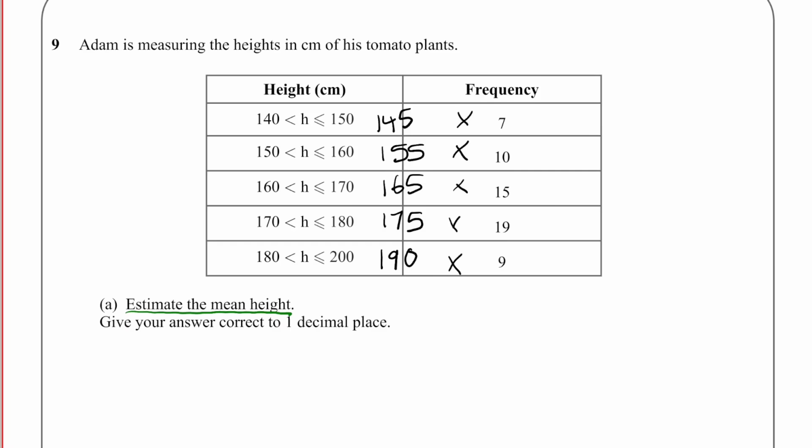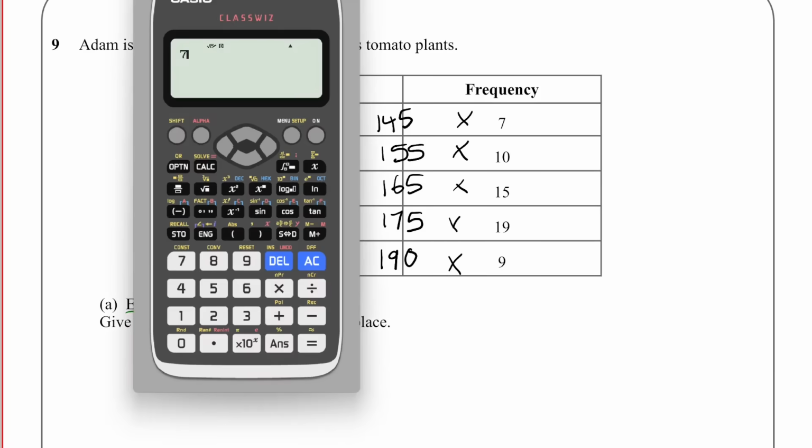So we've got 7 plants, which are all 145. So we're going to add those up.